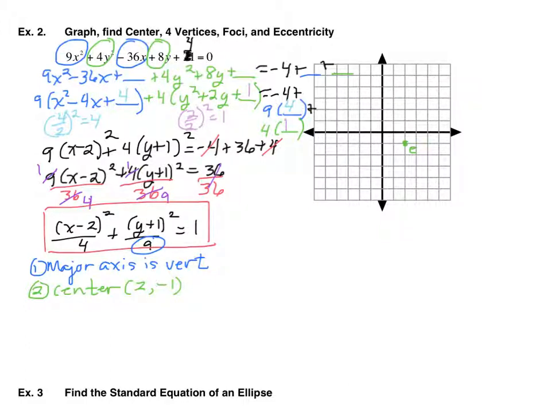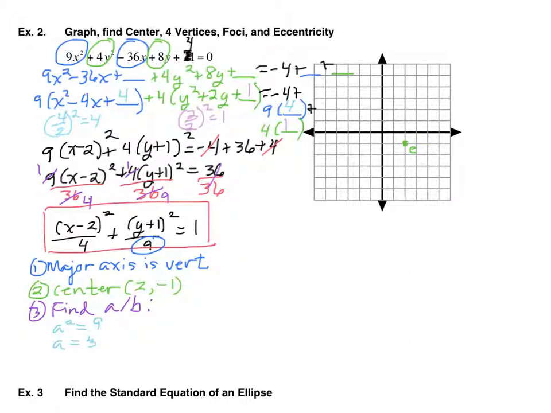And then we want to find our A and our B. So I always like to find A first. So my A squared is equal to 9. So what's A?